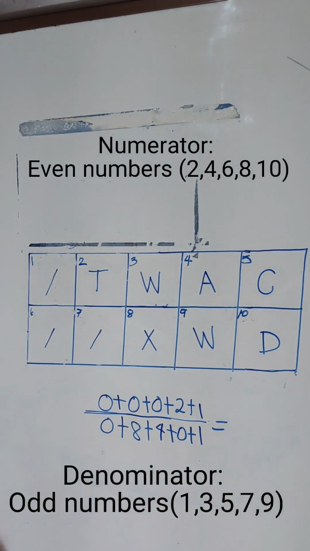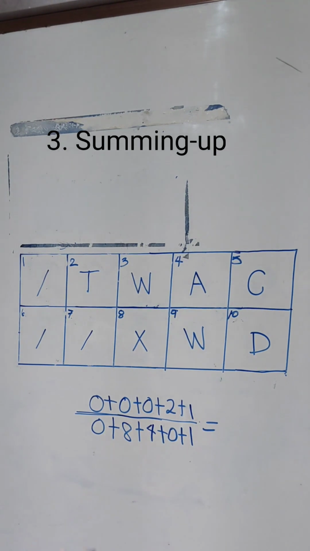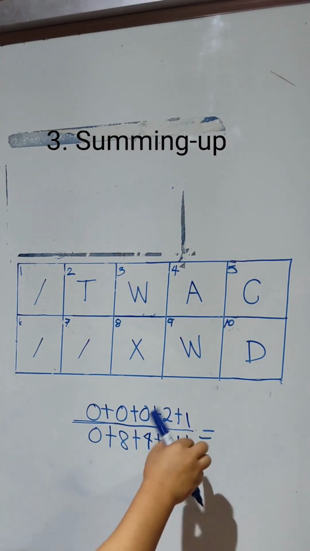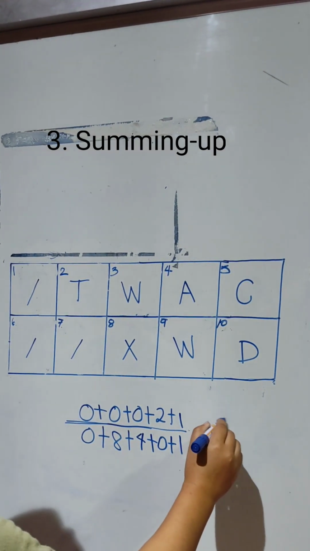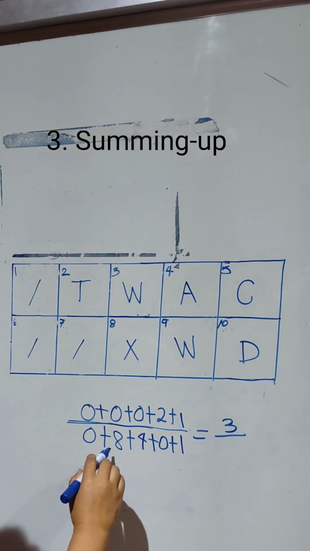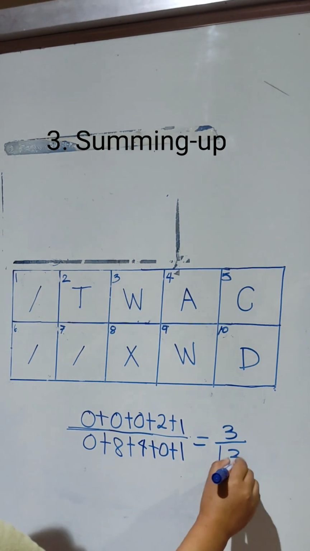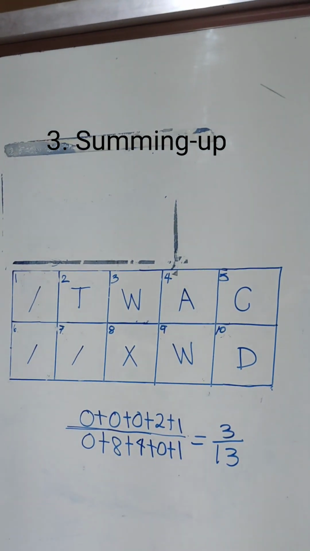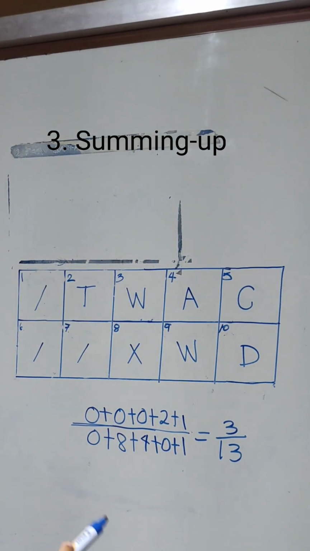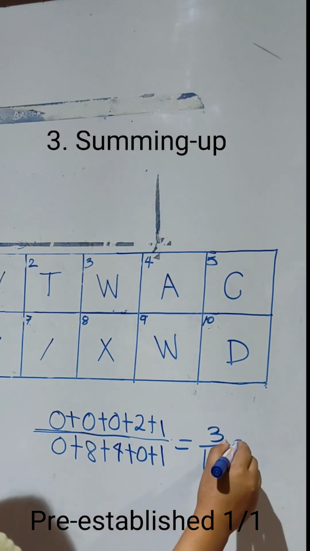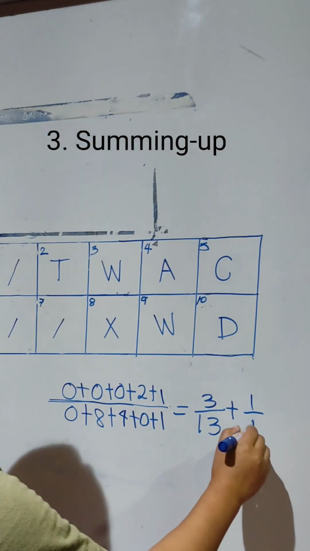The fourth rule is the summation. We're going to add all of this: 2 plus 1 equals 3, while 8 plus 4, 12, plus 1 equals 13. But don't forget that there is a pre-established 1/1 that you're going to add. Why?